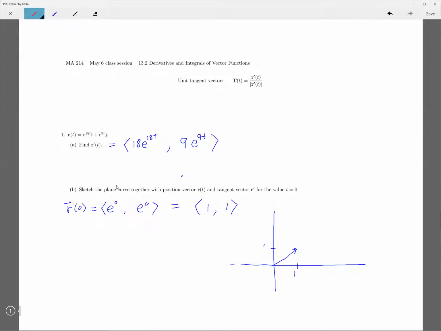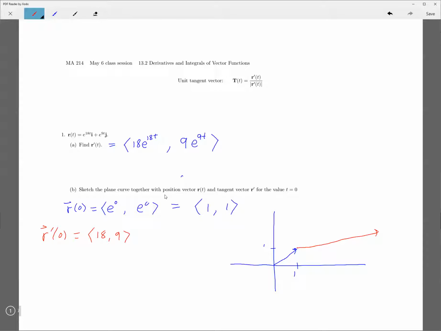And then this vector here, you plug in 0 here and here, and you get 18, 9. So this is 1, 1, and 18, 9 is going to be something like that.